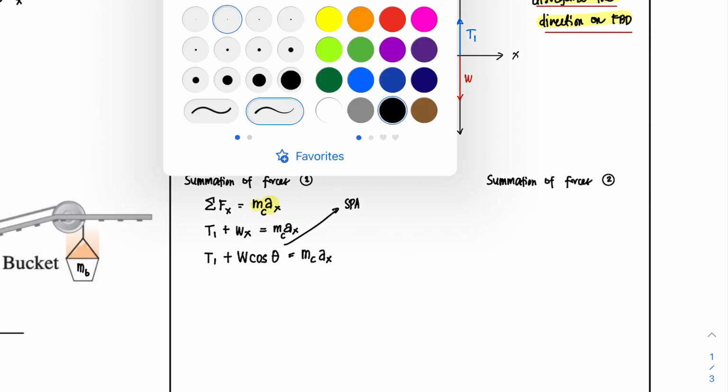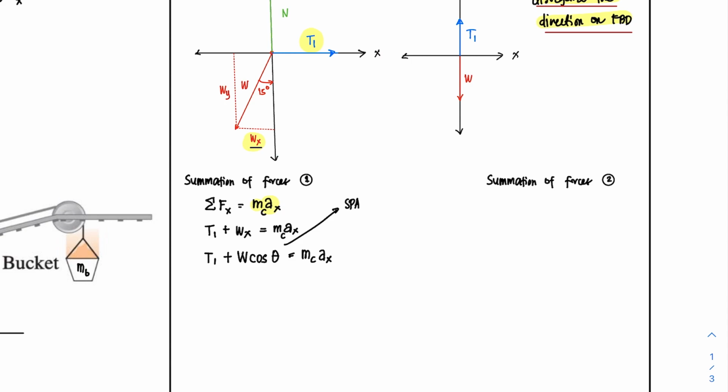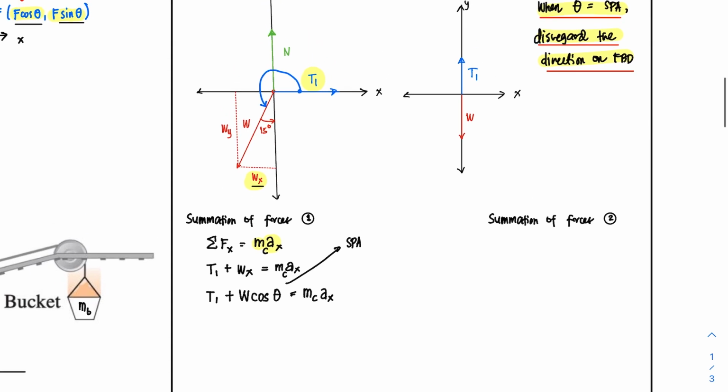Now, what will happen to theta? Theta, take note, should be measured in SPA. So you should start from the positive x, going towards this direction. From this point up until this point, you already have 180 degrees plus this area, which in its entirety is 90 degrees, but since there is 15 degrees here, you subtract 15 degrees.